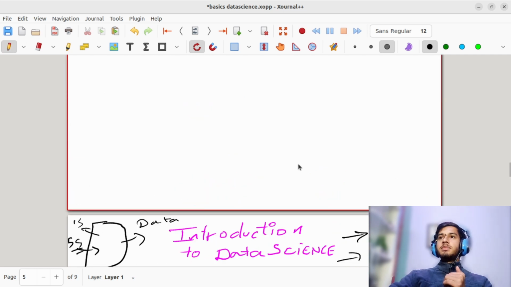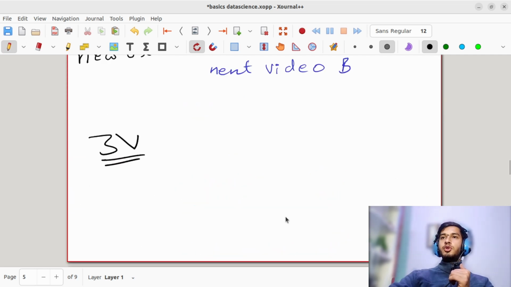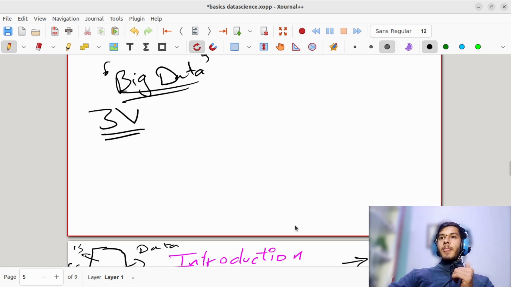And there's a concept of the 3Vs. Have you heard of the term big data? No. This is the term we use to describe a huge amount of data.